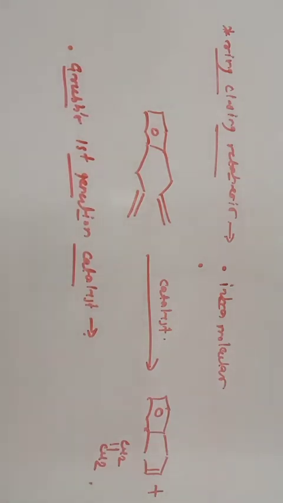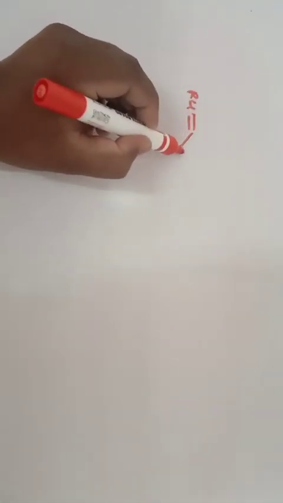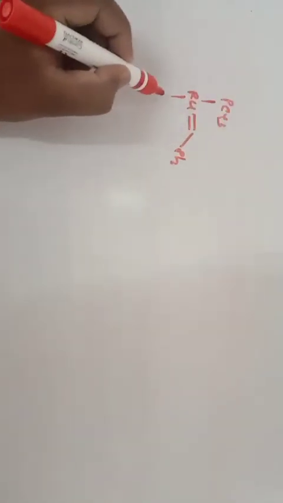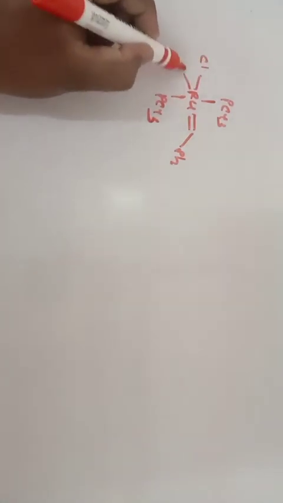So what is this catalyst? Let us discuss its structure. This is your catalyst. This is your ruthenium, double bond Ph, this is your PCy3, and this is your Cl, and this is your Cl.